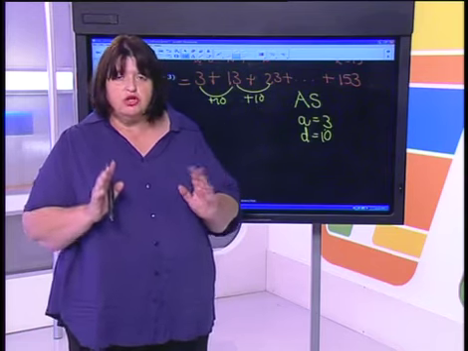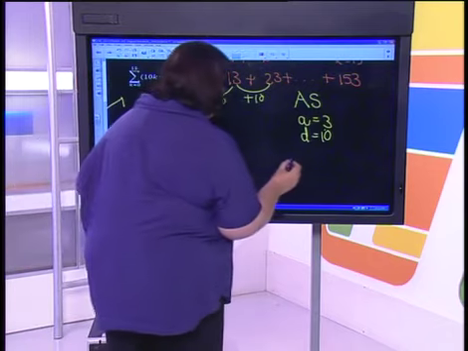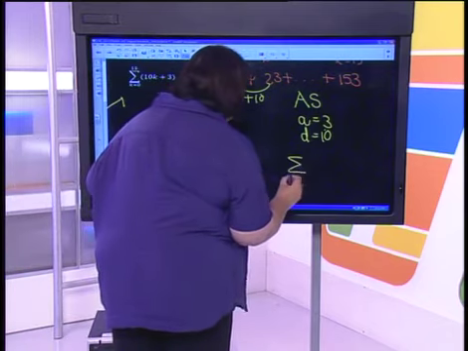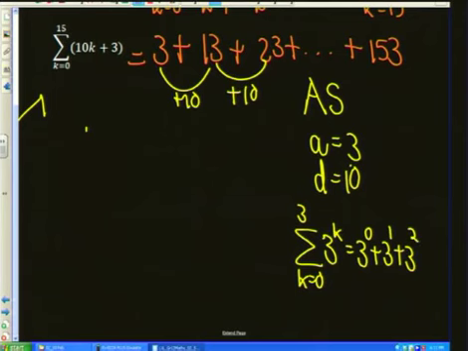Let's make it smaller, because when you make things smaller, it's always easier to understand. Let's go back to that one we had earlier on, and let's say if I had k equals 0 to say 3, and let's just make it 3 to the k. Well, if k is 0, the first term would be 3 to the 0. The next one would be 3 to the 1. The next one would be 3 squared.